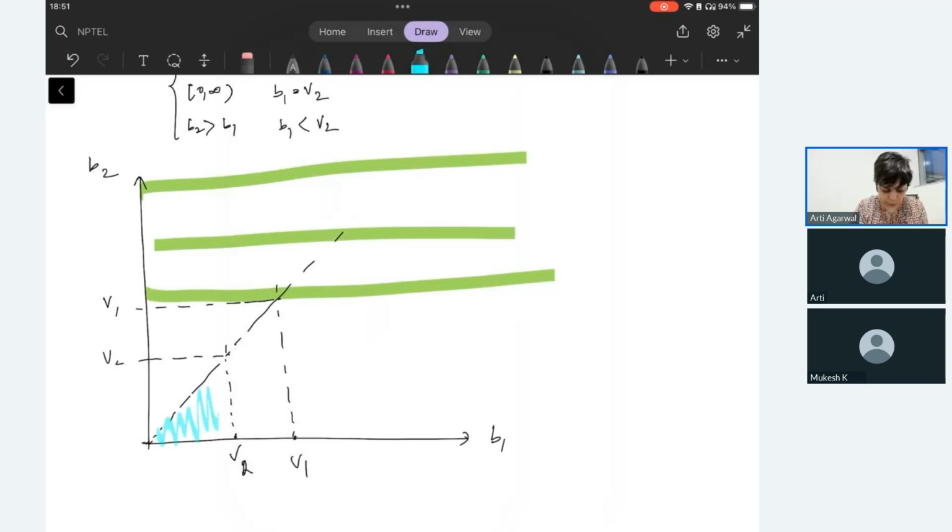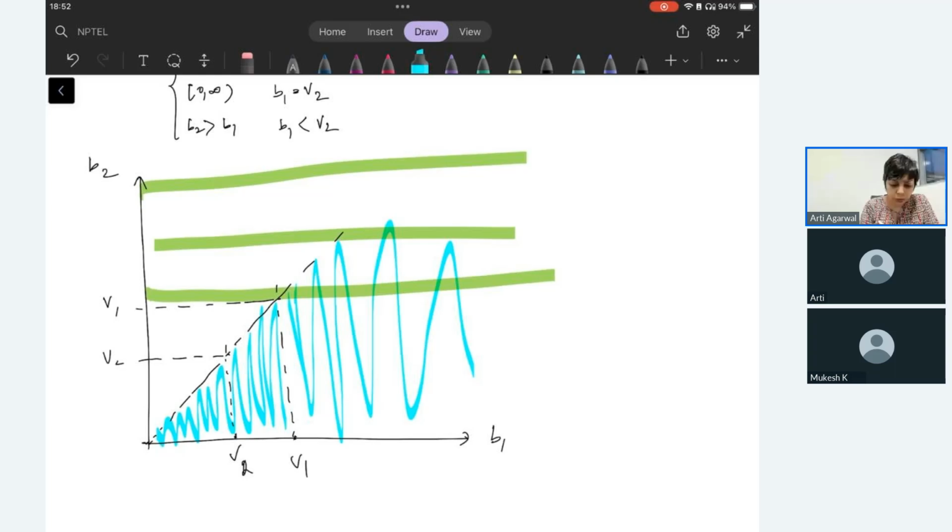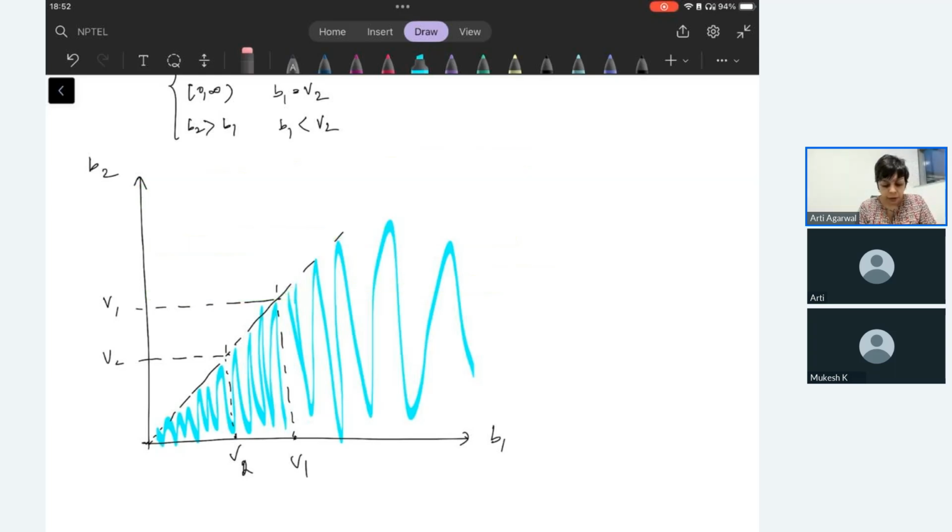In this whole region, B2 is more than B1, and even in this region, B2 is more than B1. Right? Okay, this is the line.